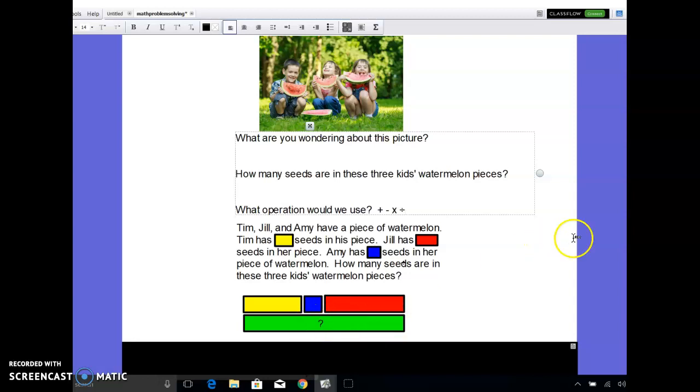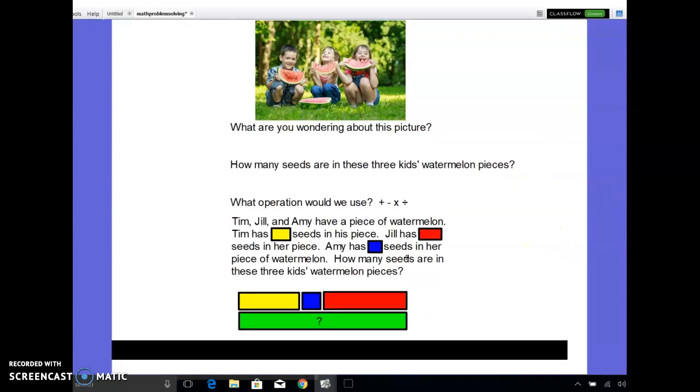Alright, I am going to get a pen here, and you'll have to excuse me, it's probably going to look a little messy. Actually, I need to move my boxes. I see Tim has 102 seeds. And then I see that Amy has 88 seeds.